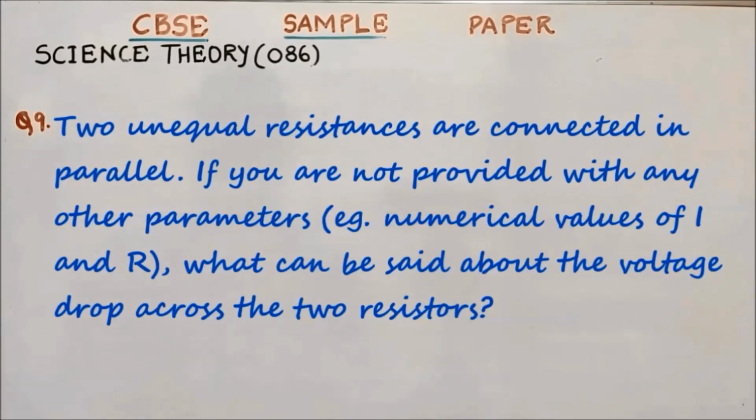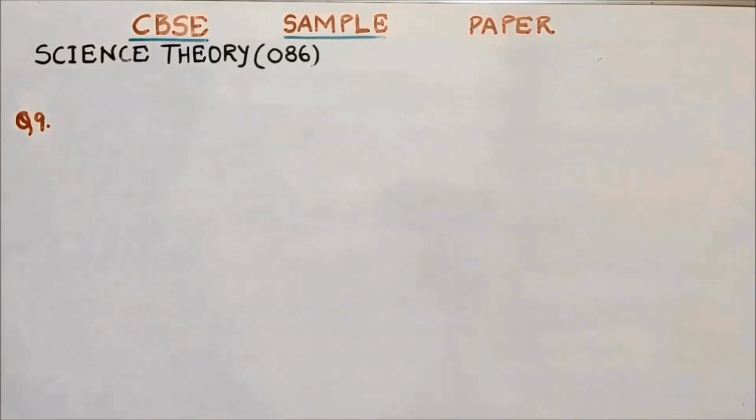If you are not provided with any other parameters, so only resistances are given, no numerical parameters like current, resistance of resistors, etc., what can be said about the voltage drop across the resistor? You haven't been told any resistance value, but you have to comment on the potential difference across each resistor.